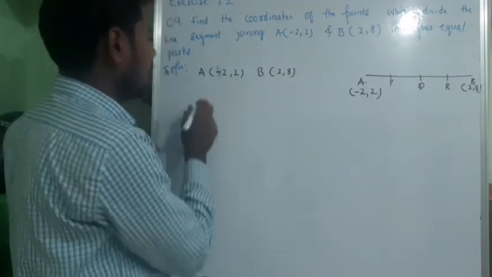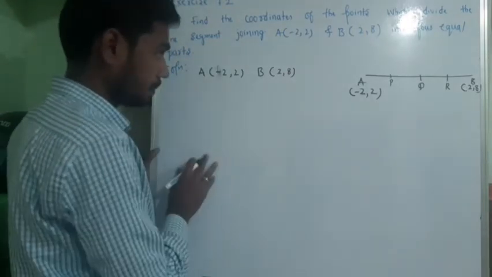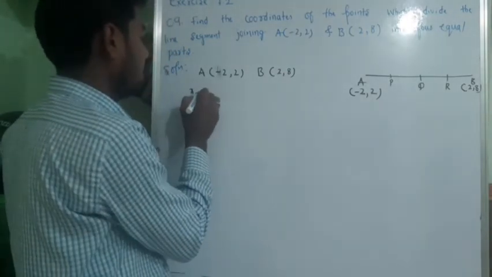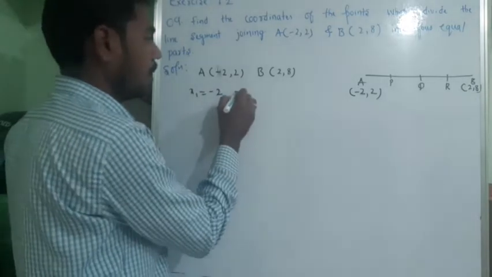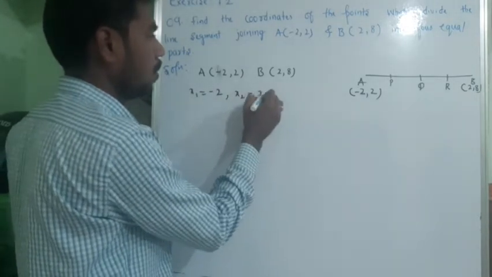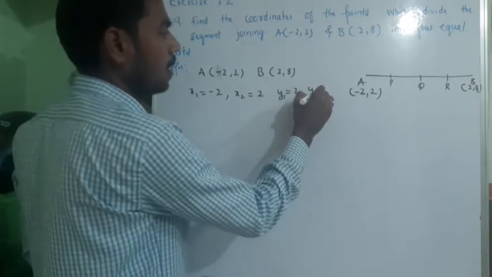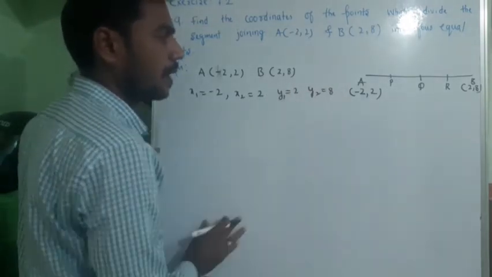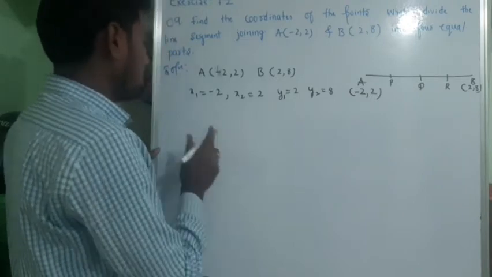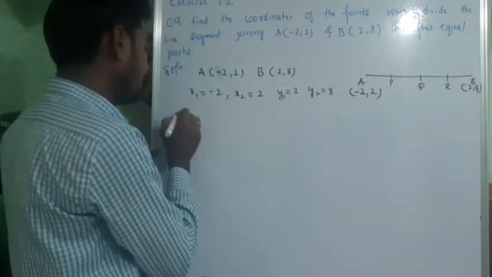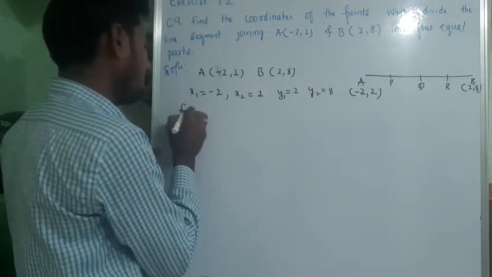Now x1 is equal to minus 2, x2 is equal to 2, y1 is equal to 2, y2 is equal to 8.